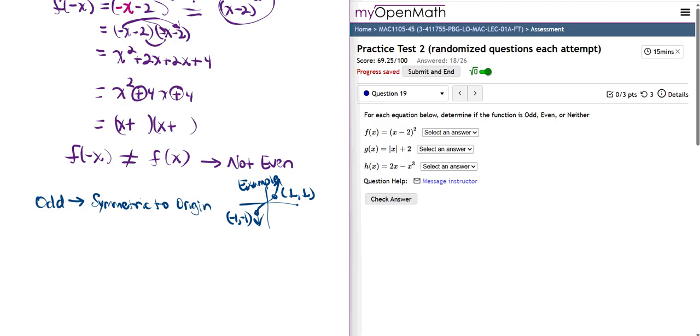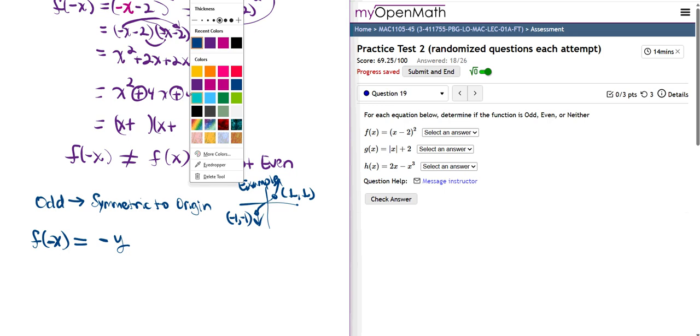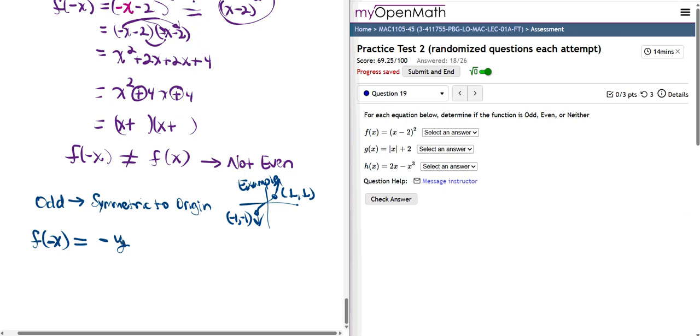Now, algebraically, we can say that if we change the sign on the x-coordinate, then we should also change the sign on the y-coordinate, okay? And if we're using function notation, then we don't write y, we just write f of x. So that's why you see the negative on the outside of f of x there, okay?